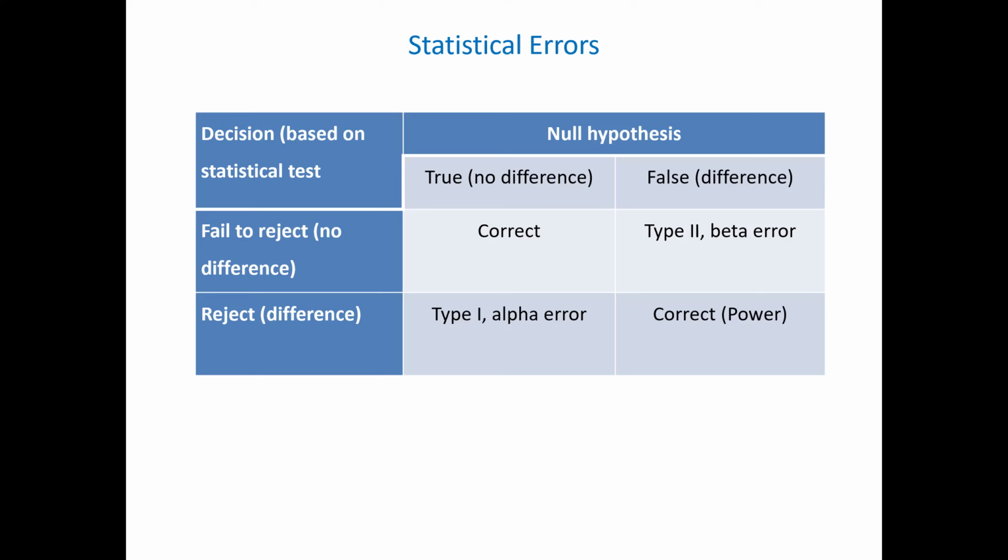You state your null hypothesis: there's no difference. In real life, which only God knows, the null hypothesis may be true, that there's no difference, or it may be false, which means there's a difference. Those are the two possible options for the null hypothesis as you have stated.